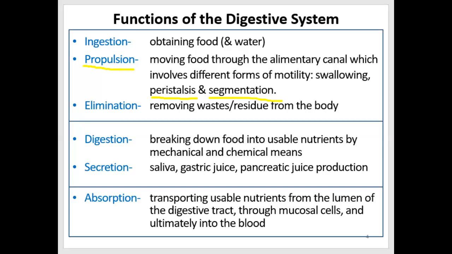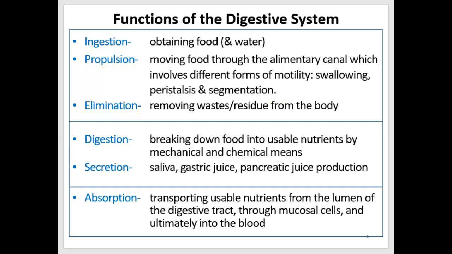Within this category, I've also included elimination as a function of the digestive system, because after nutrients are absorbed, there are waste products or residue, and the digestive system removes these wastes from the body.